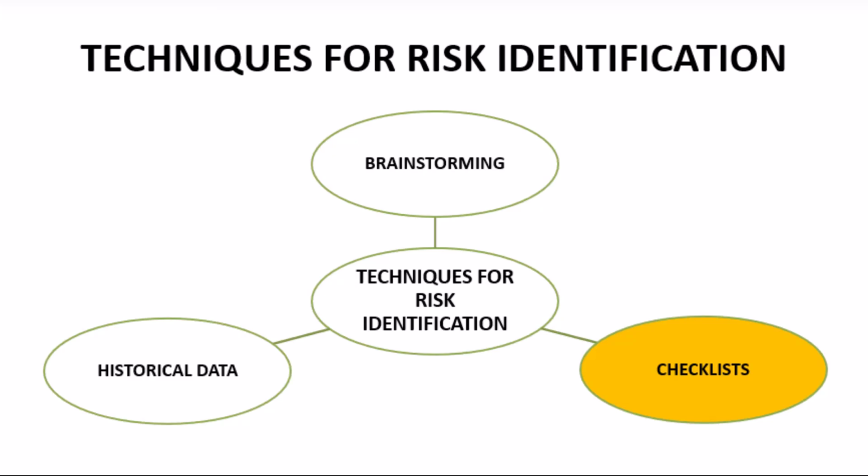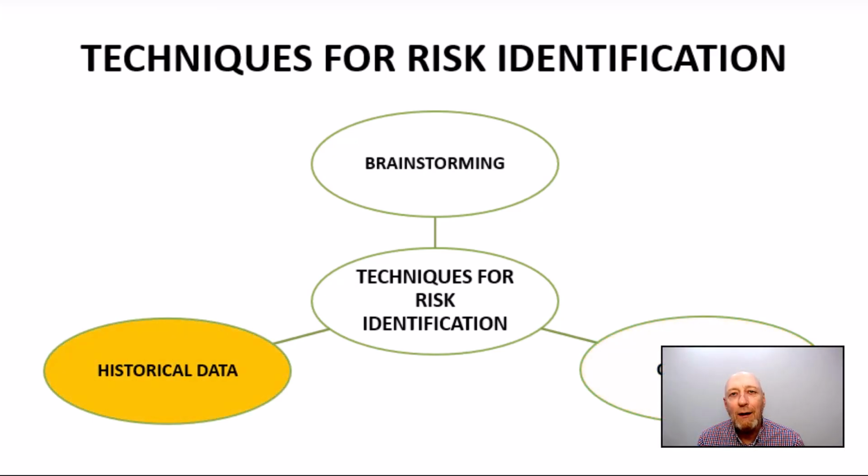For example, a relief project checklist could include risks such as supply chain distributions, adverse weather conditions, and security threats in conflict zones. We can also analyze historical data for lessons learned.